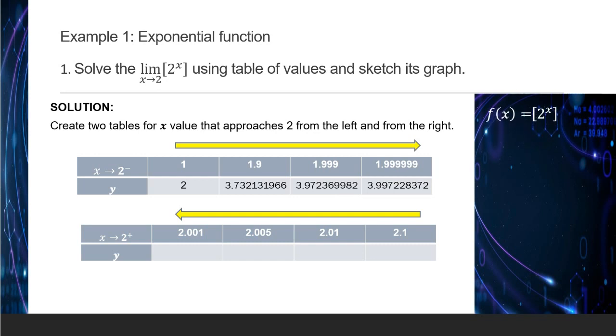The given function is 2 raised to x. So we have f of x equal to 2 raised to x. Let us solve if x is 1. So we have f of 1 is equal to 2 raised to 1. Substitute 1 to variable x. Therefore 2 raised to 1 is equal to 2.